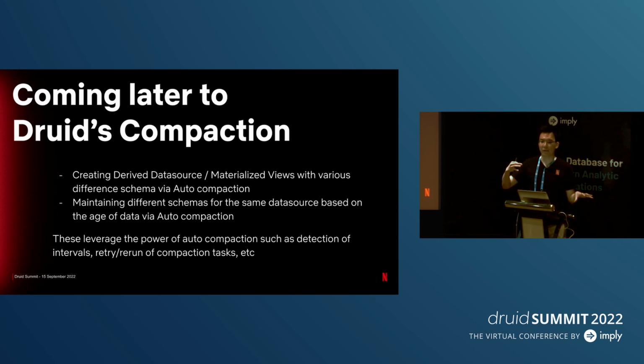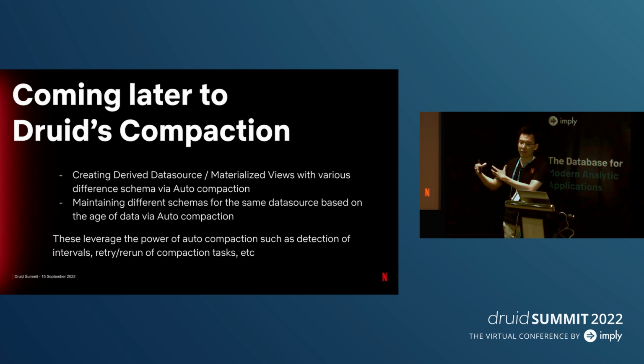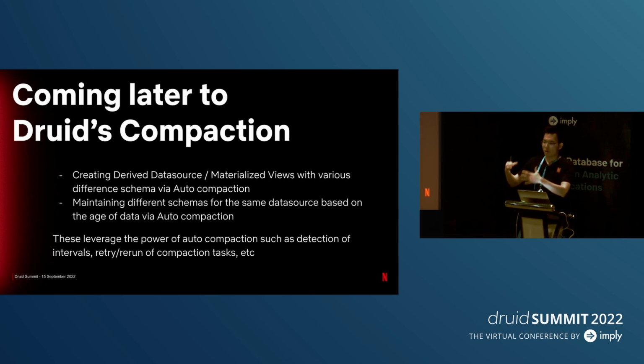Each one might have roll-up turned on with different dimensions, different roll-up granularity, and different amounts of data, all derived from the original data source. So you can use auto-compaction and set up a different output to create those data sources. As data comes into your original data source, it will flow into your derived A, derived B, and derived C data sources according to the different schema that you set.